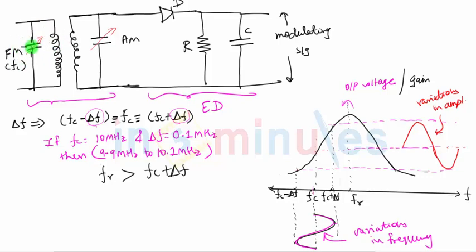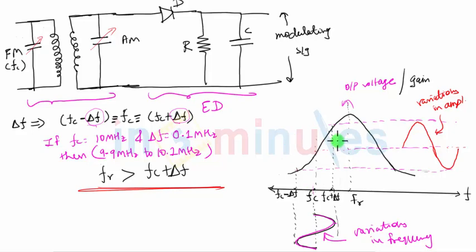So anything outside the bandwidth of FM signal should be removed, and that's the job of the input bandpass filter. But the bandpass filter on the secondary side, which is the output bandpass filter, will do this whole operation that we have just now discussed. So it will convert FM signal into the AM signal, and for that to be possible, we must center the secondary bandpass filter at a frequency FR which has to be greater than Fc plus delta F. So the entire input frequency range will fall on the lower side of the frequency spectrum.